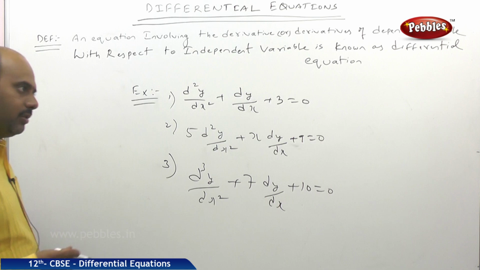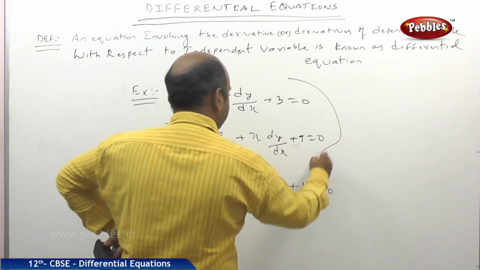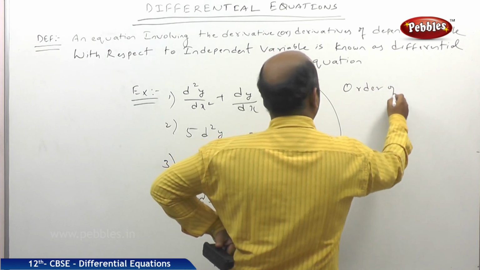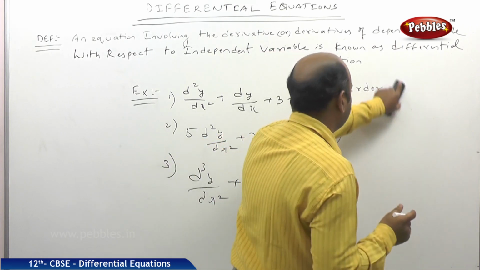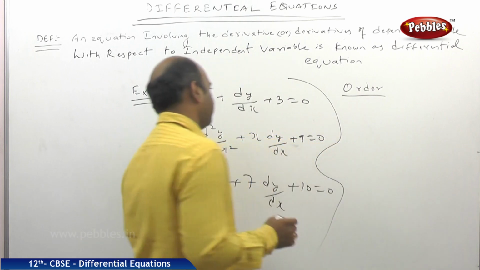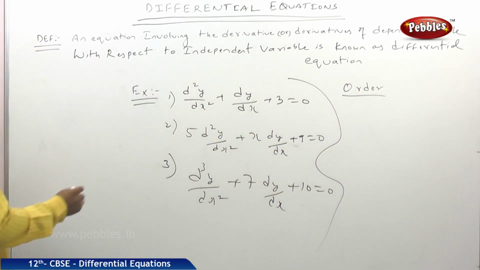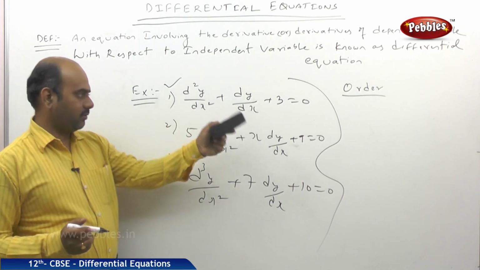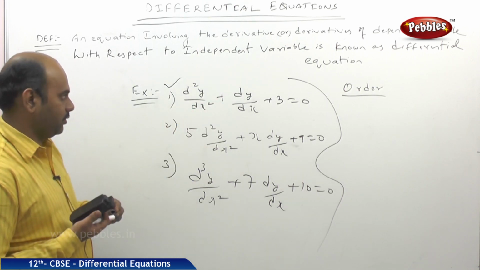Now we shall see a concept called order of a differential equation. What do you mean by order of a differential equation? Now I will consider example 1: d square y by dx square plus dy by dx plus 3 equal to 0.